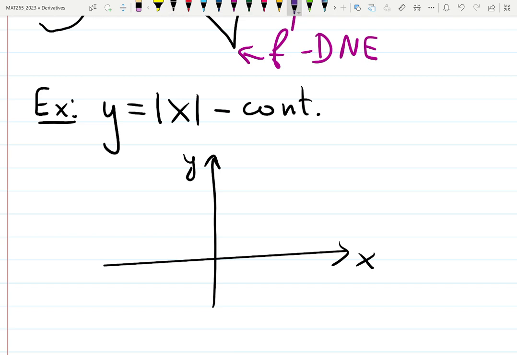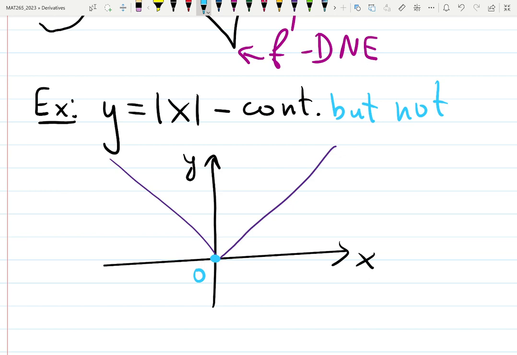You find the left limit, right limit, and then f of that point should also be the same number, right? So it is continuous. You put a pencil, you never take it out. But there's a sharp corner at 0. So it's continuous, but not differentiable.